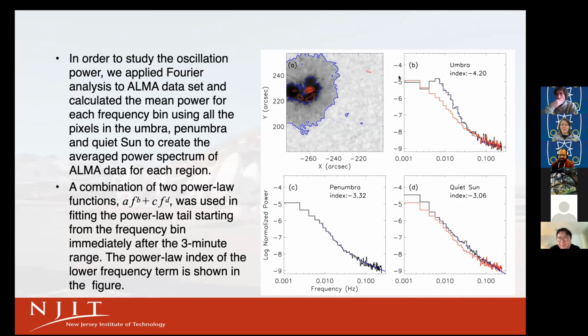Was that field set beforehand and you were lucky that there was a sunspot? I think it specifically targeted the west part of the sunspot, so it captured some of the quiet sun as well as the umbral and penumbral region. I see, thank you. There are no further questions.